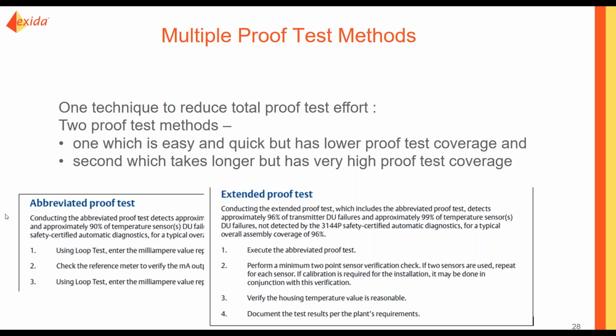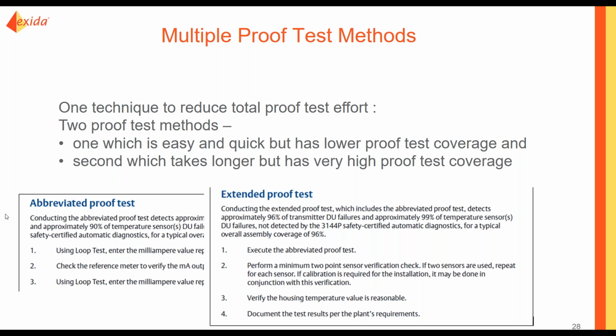Here, as an example, we have a page from the Rosemount 3144P temperature transmitter reference manual. You have an abbreviated proof test that can be performed in the control cabinet room using a handheld device in a relatively short period of time.